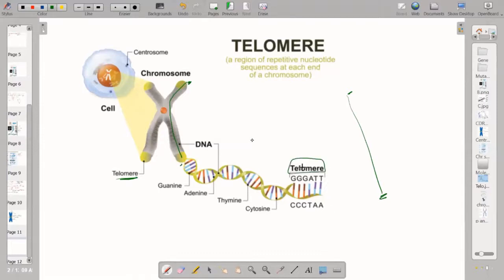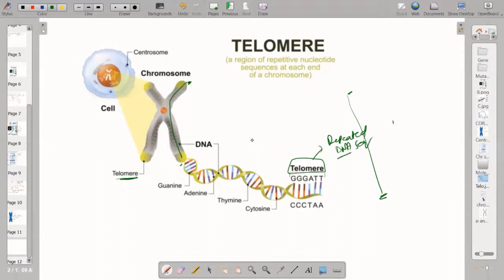The ends of the DNA in a chromosome are called the telomeres. Now, the telomeres also have repeated structures, a repeated DNA sequence.